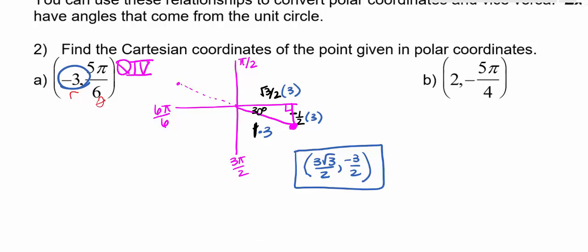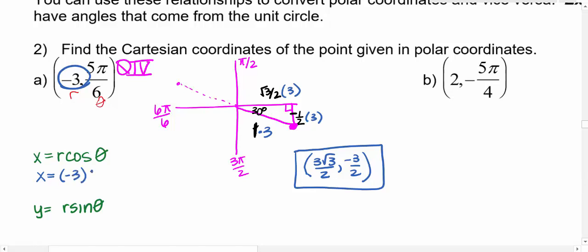If you did use the formula, you come out with the same thing. You have a formula for x now that we just wrote above in that box. X equals r cosine theta, and Y equals r sine theta. You don't even have to convert to positive r's. You can just leave it as is.